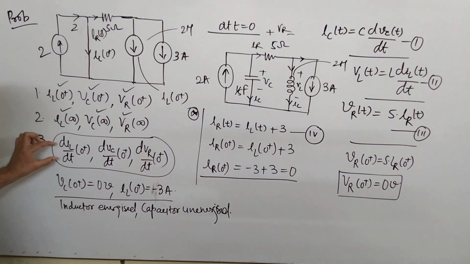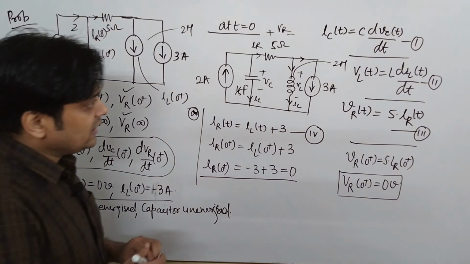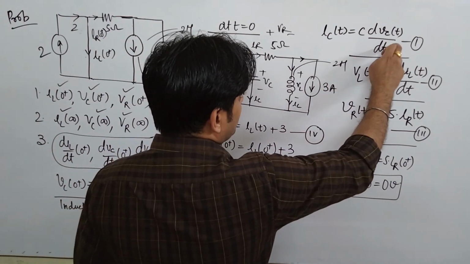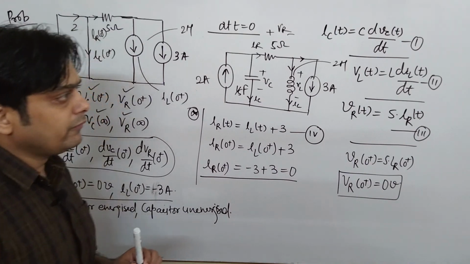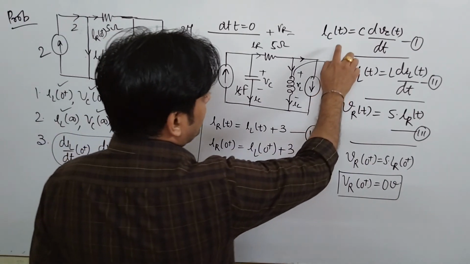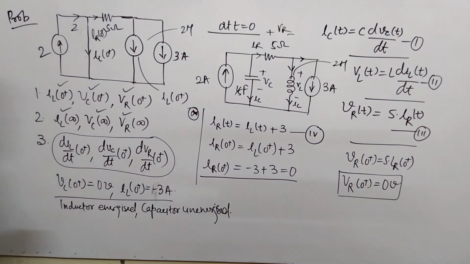Now our task is to find these three values, that is dIL/dt(0+) and dVc/dt(0+). For finding these values, if I put t equal to 0 positive in these two equations, you have to find the value of IC(0+) and VL(0+). Once you know the value of VL(0+), you can easily find the answer.